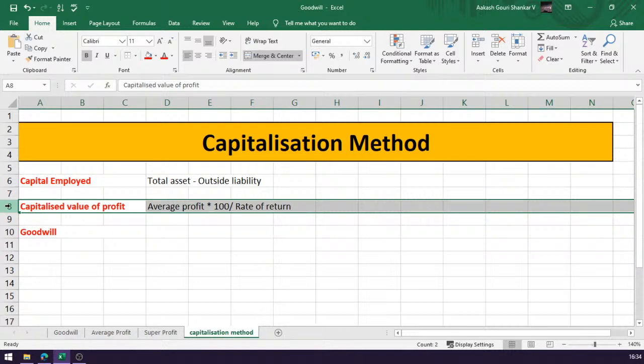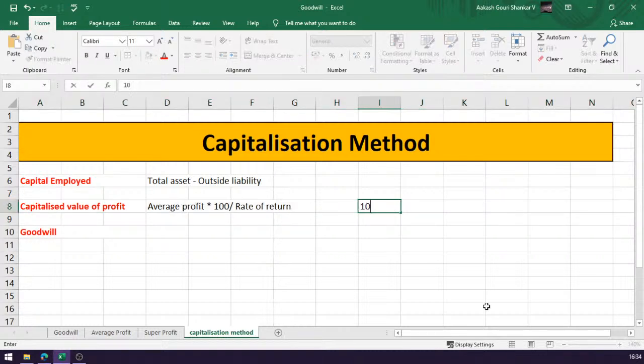So in order to capitalize something, which means my profit is rupees 1 lakh, if the rate of return is 10 percentage, in order to earn this 1 lakh, what is the amount of capital I should have invested?